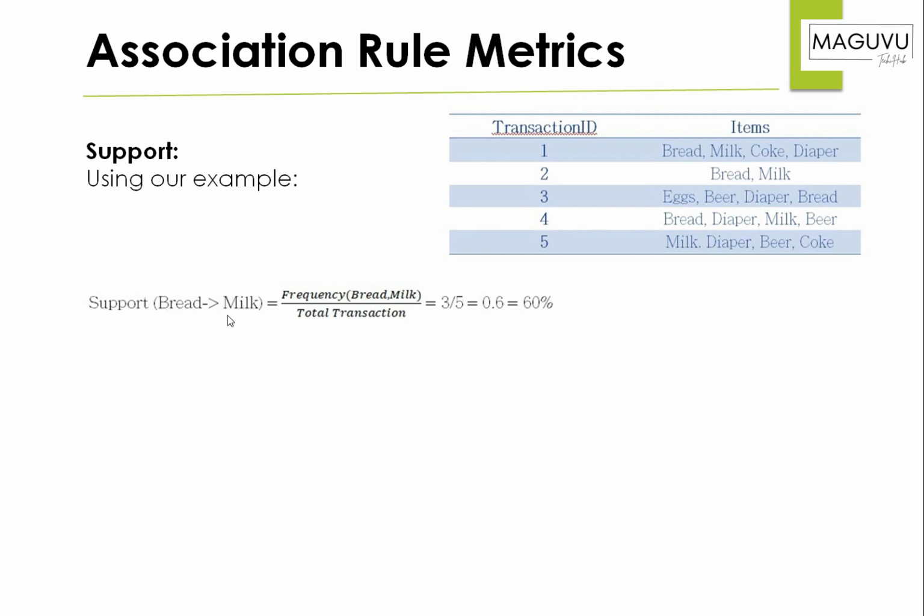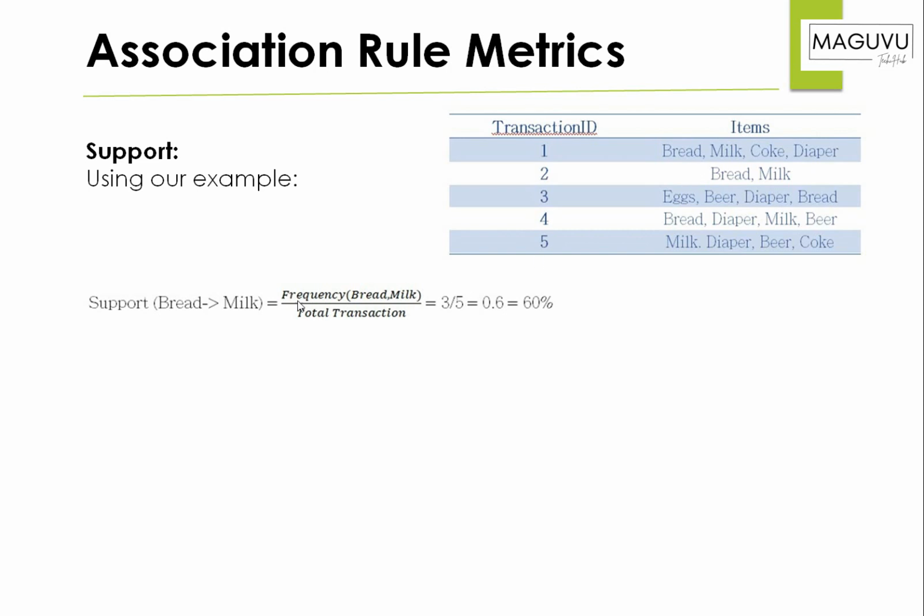We want to see how frequently bread and milk appear together in a transaction database. So we are going to check all 5 transactions to see how many times bread and milk appear together.